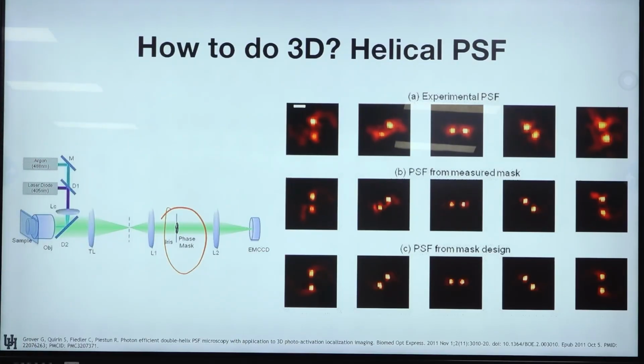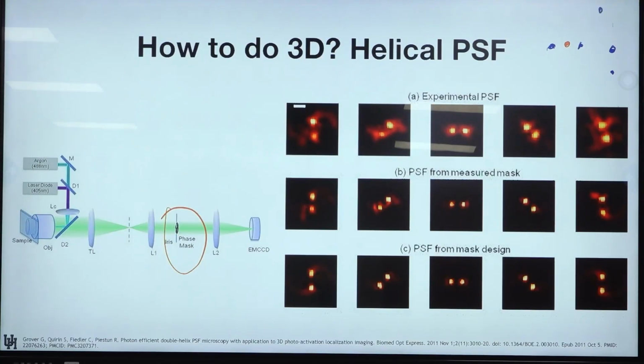So the reason that's useful is that instead of one dot here, you have a pair of dots. If they are in this orientation, it's a certain Z location.